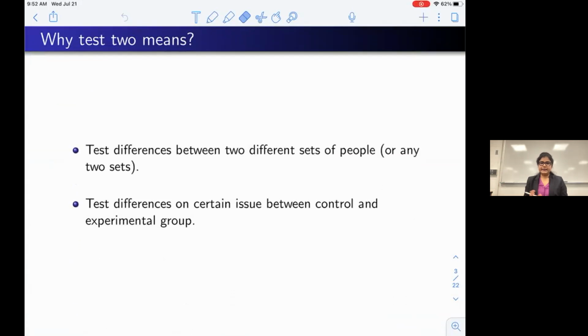So why are these tests important? These tests are important because we have two groups that have different parameters. For instance, I am comparing Mid-Michigan College with Lansing College. So these are two groups. I'm going to check whether students in Mid-Michigan College are much more efficient than the students in Lansing in mathematics.